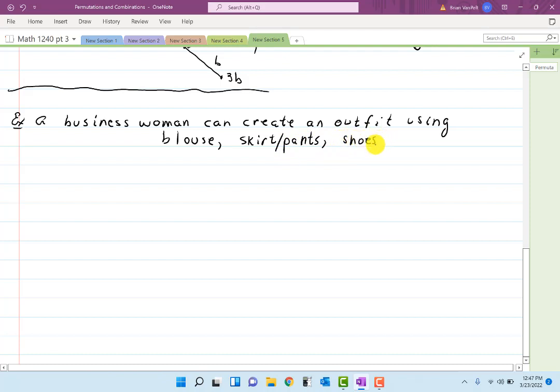Footwear, I should probably just call it footwear. So let's call this blouse, skirt.